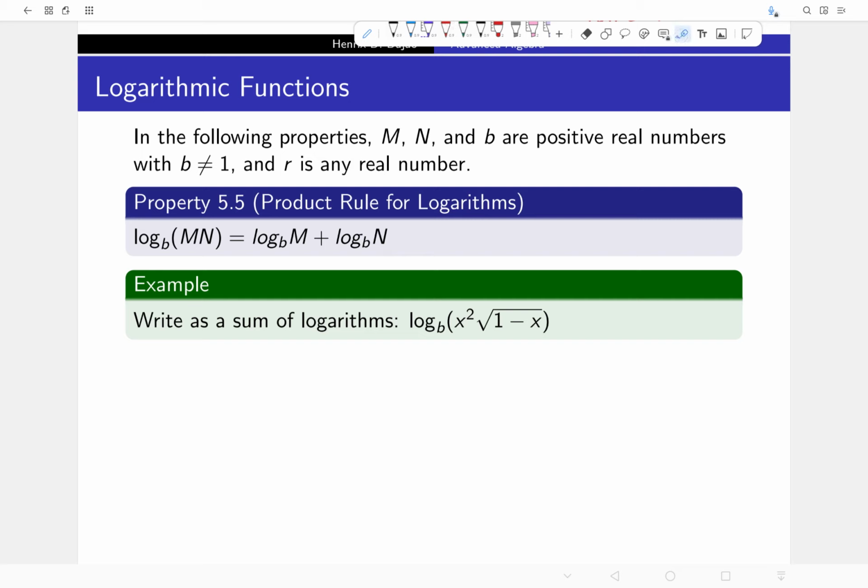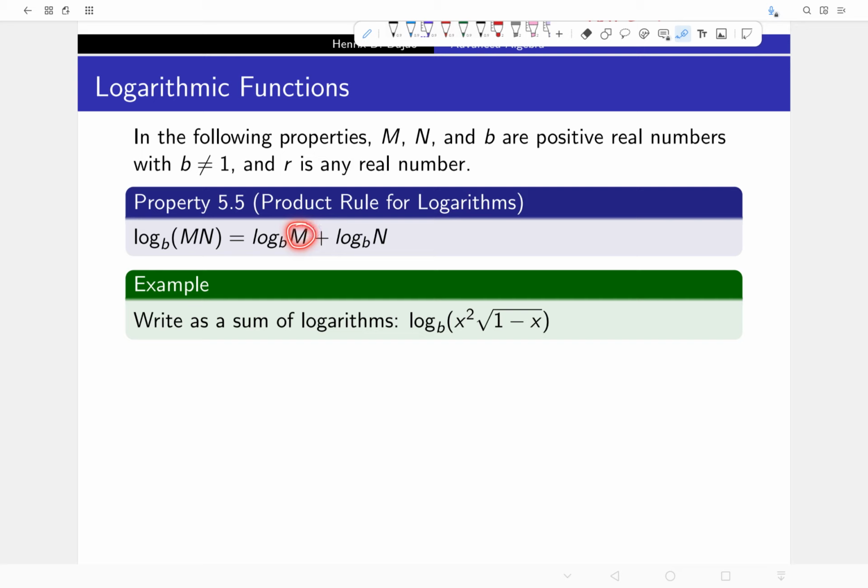It states that the logarithm of the product mn with base b is just equal to the logarithm of m with base b plus the logarithm of n with base b. So to get the logarithm of this with base b, just get the logarithm of each individual factor.